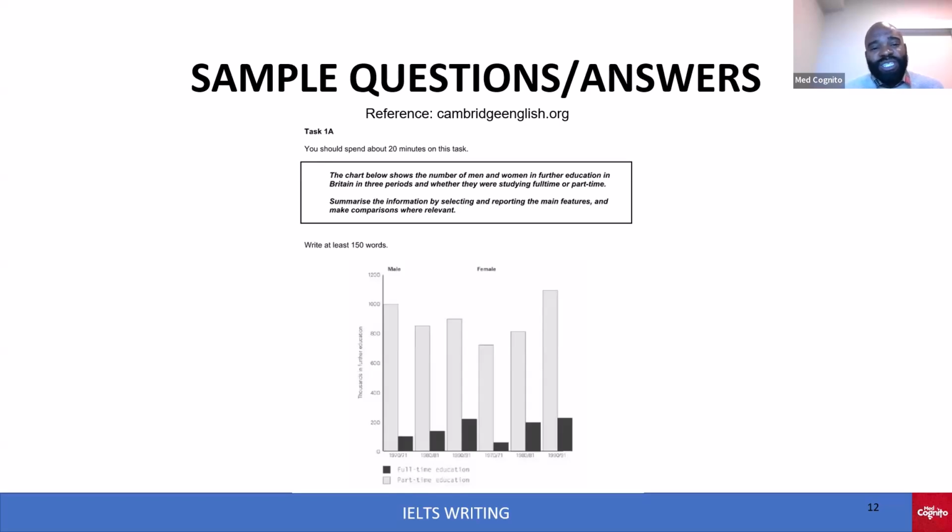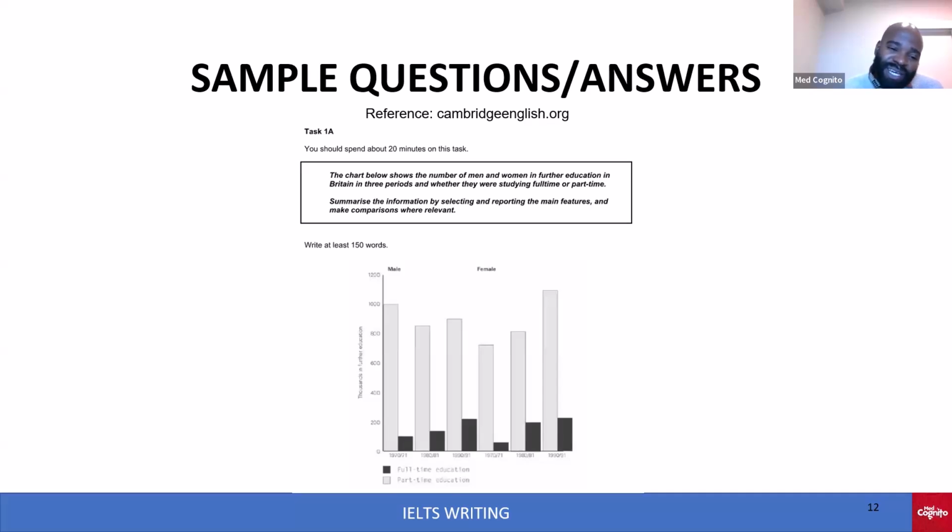And so from the question, the chart below shows the number of men and women in further education in Britain in 3 periods and whether they were studying full-time or part-time. Summarize the information by selecting and reporting the main features and make comparisons where relevant. Okay, and so quickly we look down there, we see a bar graph. We see male, female.